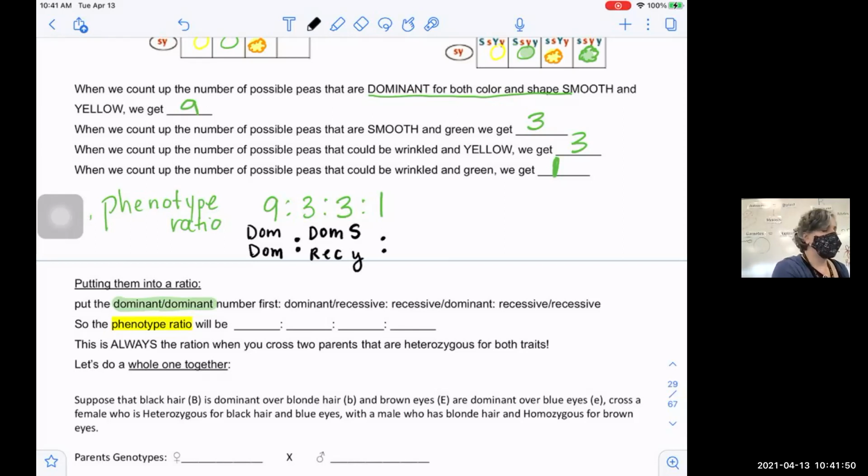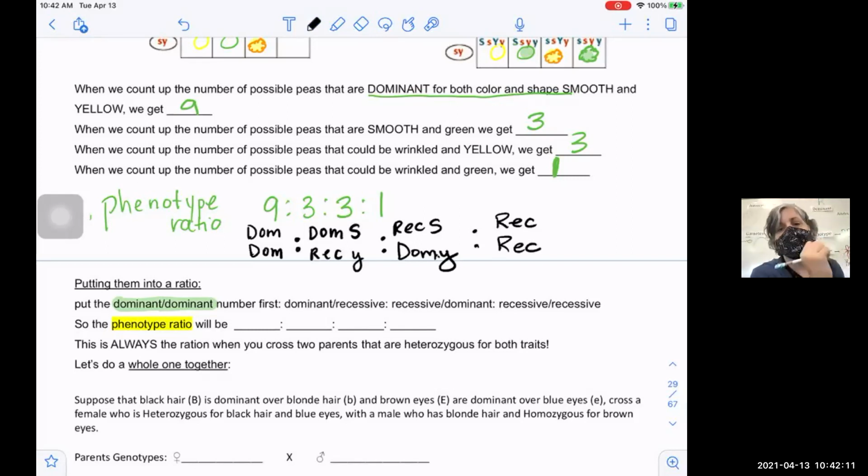The third one is the one that's recessive for S and dominant for Y. And the last number is always the one that's recessive for both. Just like before, recessive always goes last and dominant goes first.